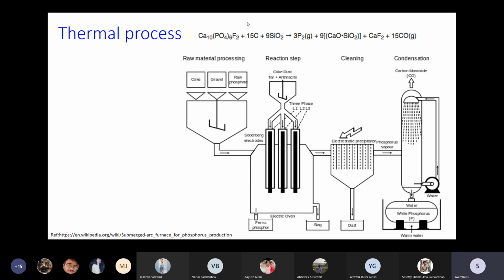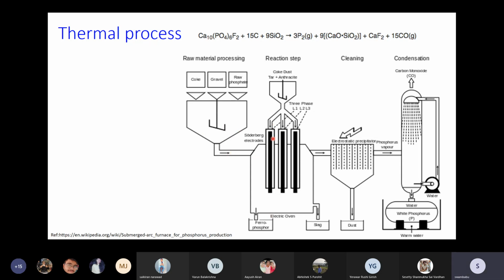So here we need phosphate rock, that is rock phosphate, raw phosphate, and carbon required, so coke, and SiO2 required, so these are the gravels. All the three solid materials are uniformly mixed and introduced into this electric oven.